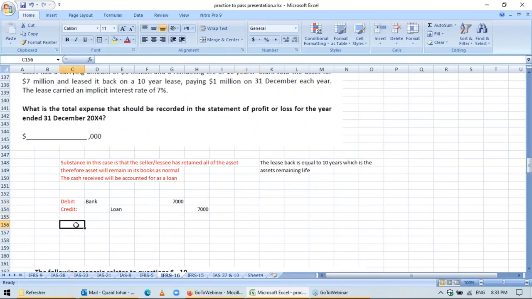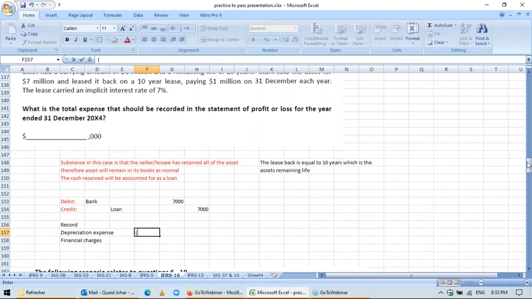And the next entry will be what happens. We will record depreciation expense on the asset, and we will record the financial charges. So the depreciation expense that will be recognized on this asset will be on the book value of the asset. The book value of the asset is 6 million according to the question. So it will be recognized on 6 million divided by 10 years.